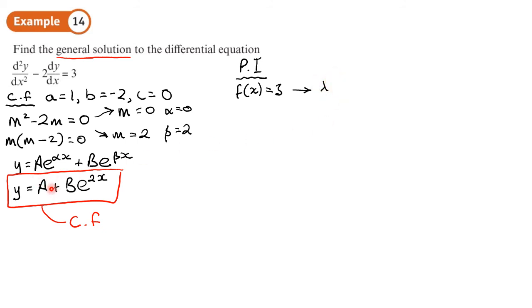We already have a constant term in our complementary function. So you remember what we do? We multiply this by x. We haven't got any constant times x terms in our complementary function, so we just multiply that by x. So we try lambda x. So this is what we're going to make y equal to.